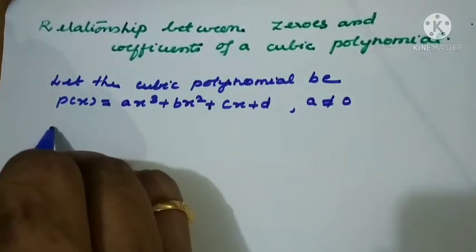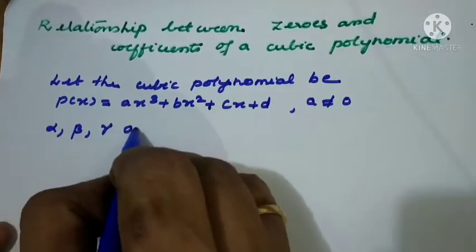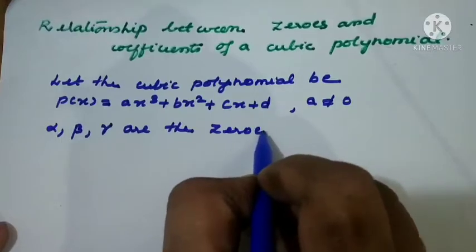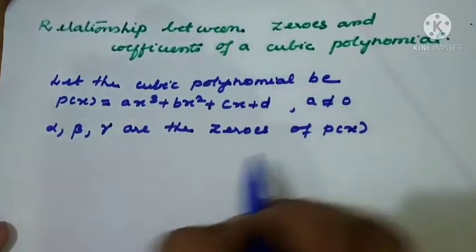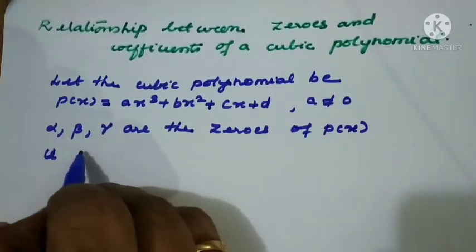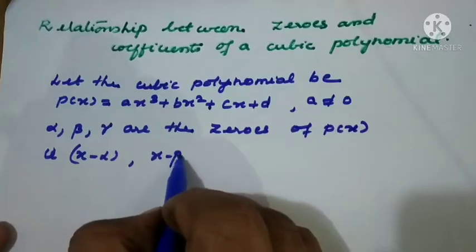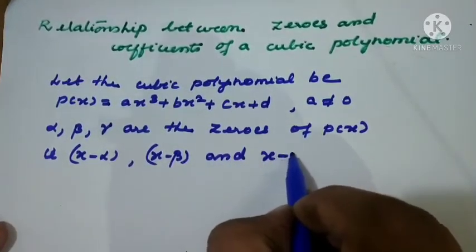Let alpha, beta, gamma be the zeros of p of x. That means x minus alpha, x minus beta and x minus gamma are the factors.